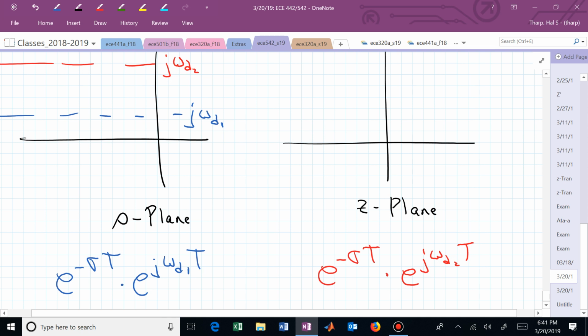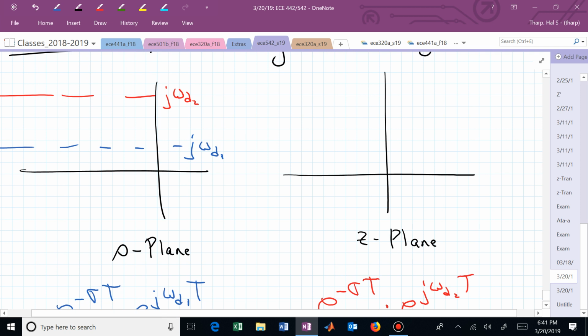What does that correspond to? If blue is a point in the z-plane, and we fixed omega d1 and varied sigma, that's what's happening in the s-plane when we move along that horizontal line, a vertical height of j omega d1. We're just changing sigma. What happens in the z-plane with the blue if we just change sigma?